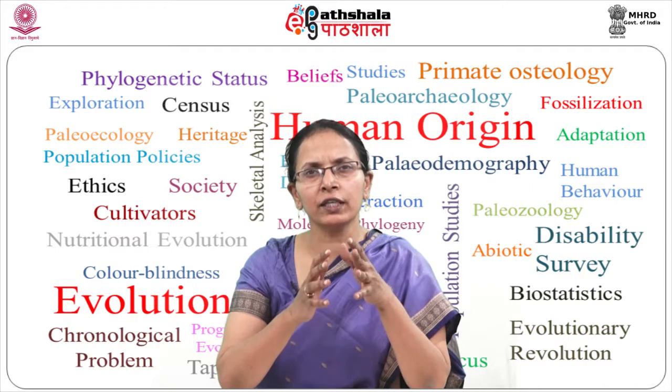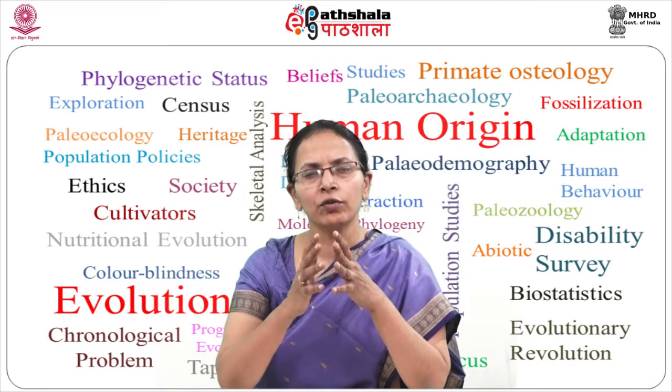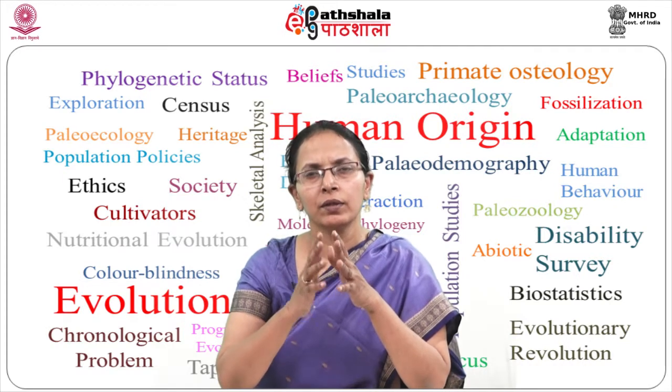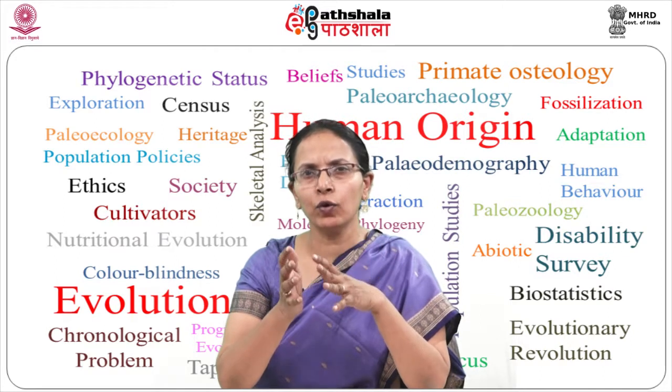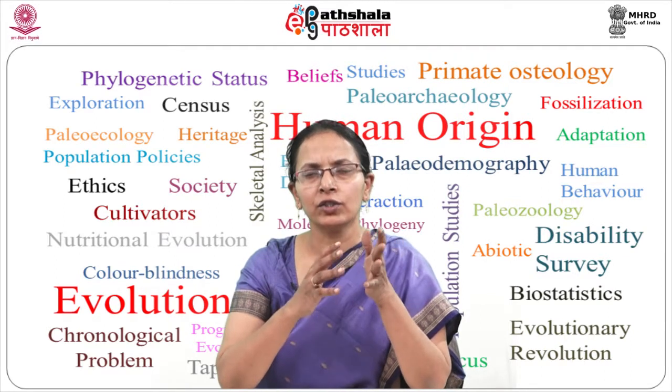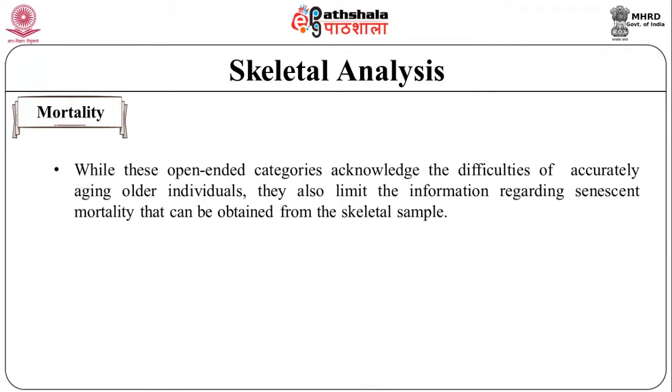One of the most significant benefits is the promise of improved estimates of age for older adults. Many methods of adult age estimation have an open-ended terminal age category. While these open-ended categories acknowledge the difficulties of accurately aging older individuals, they also limit the information regarding senescent mortality that can be obtained from skeletal samples.